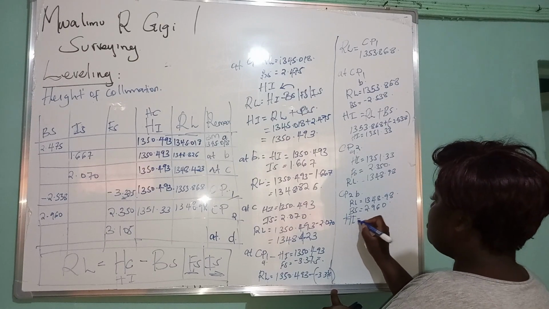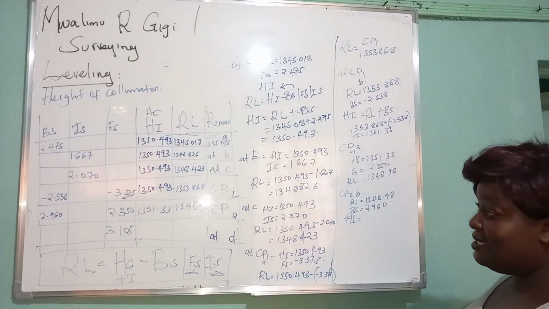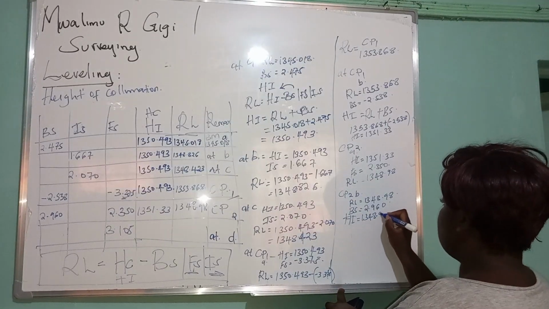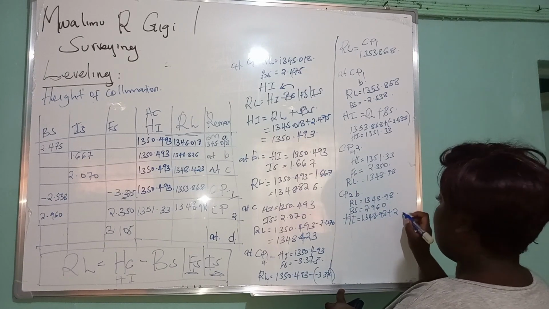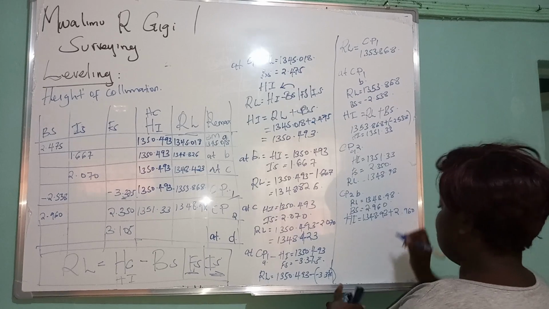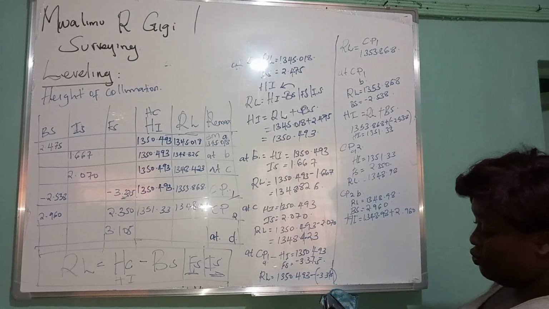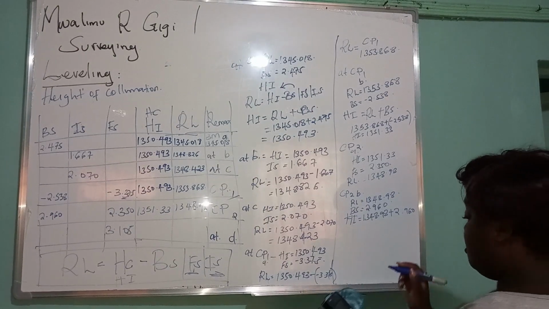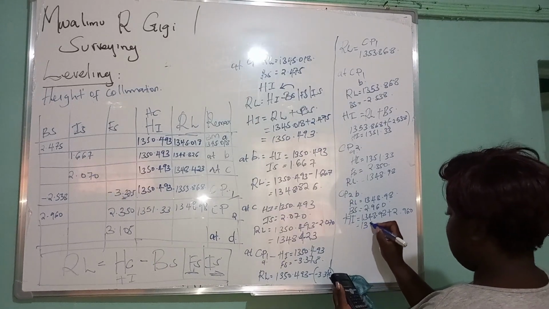Height of instrument is reduced level plus backsight. So it is 1348.98 plus 2.960.